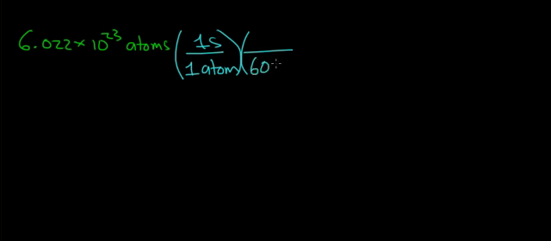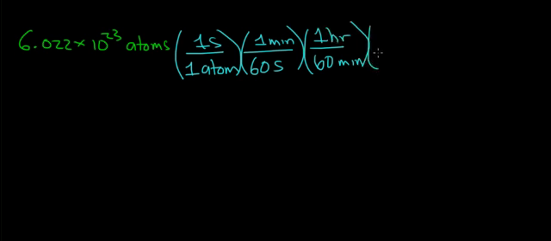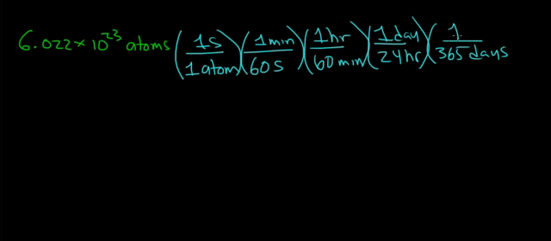I know that there's 60 seconds in 1 minute. I know that there are 60 minutes in 1 hour. I know that there are 24 hours in 1 day. And I know that there are 365 days per 1 year.